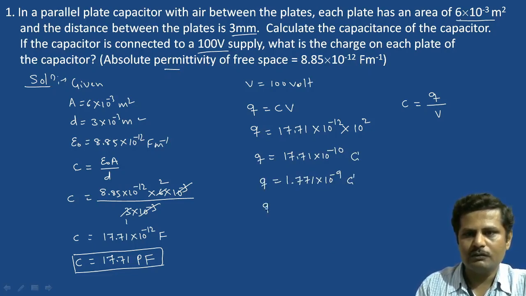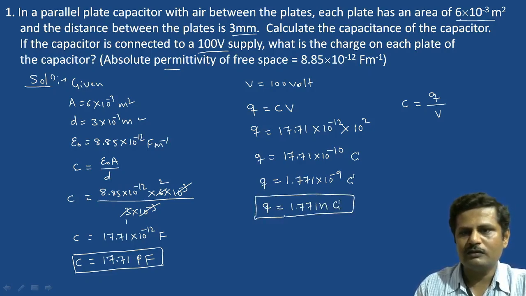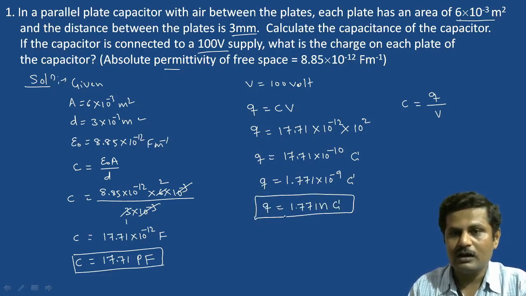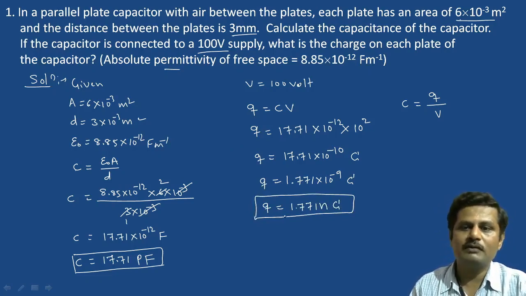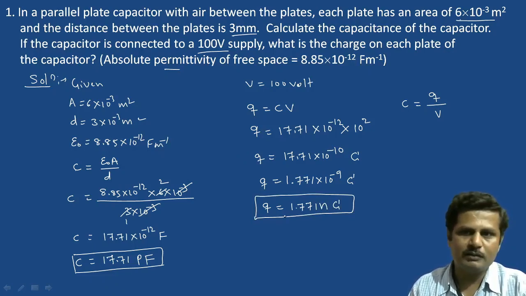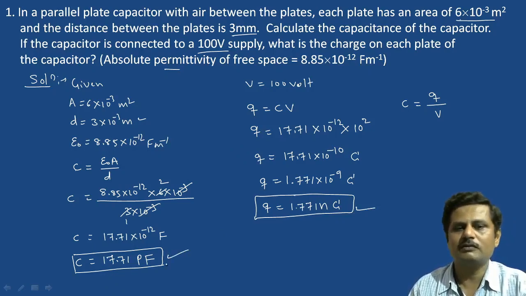So that is Q equals 1.771 nanocoulomb, that is, plus 1.77 nanocoulomb is present on one plate of the capacitor, and minus 1.77 nanocoulomb is present on the other plate of the capacitor. So this is the charge stored on the plates of the capacitor, and this is the capacitance of the parallel plate capacitor.